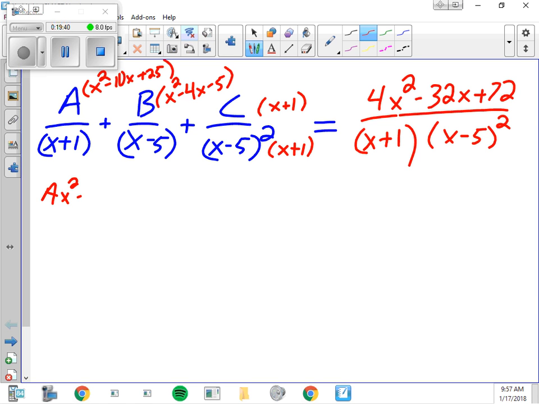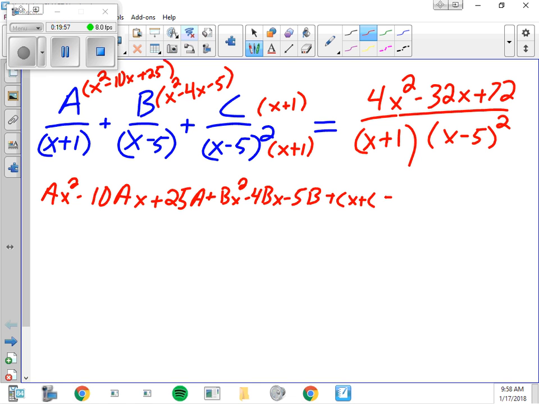Ax squared minus 10ax plus 25a plus bx squared minus 4bx minus 5b plus cx plus c is equal to 4x squared minus 32x plus 72. Everybody all right with that?